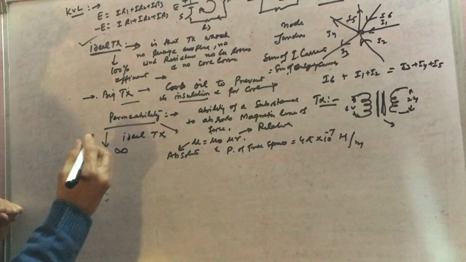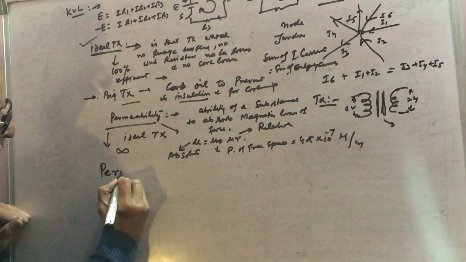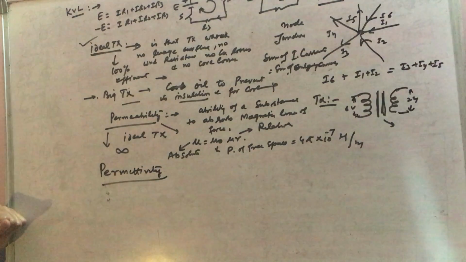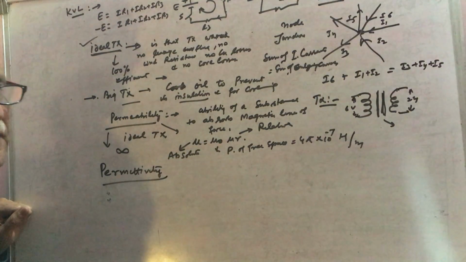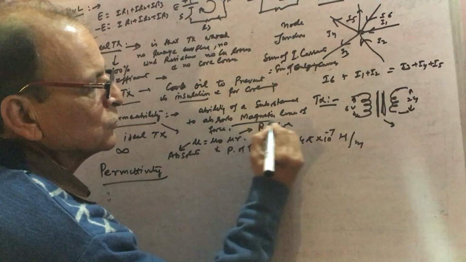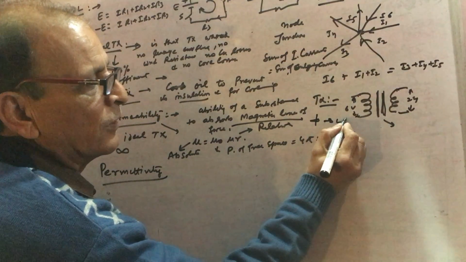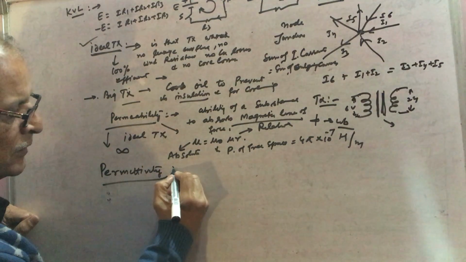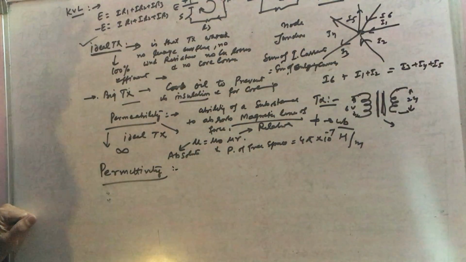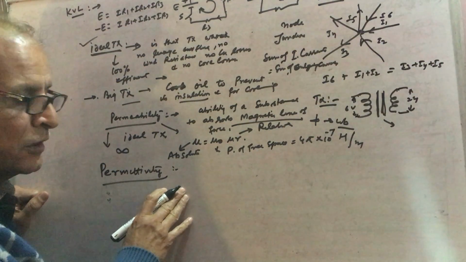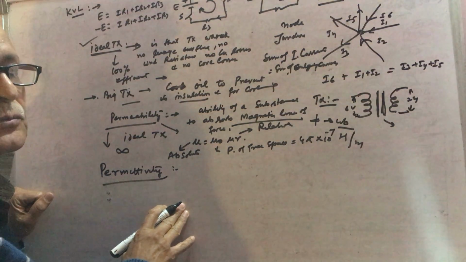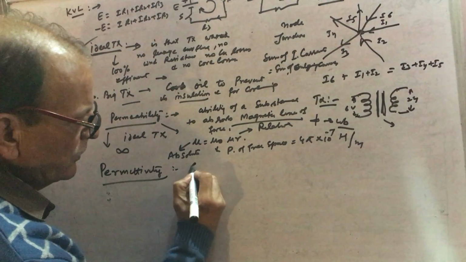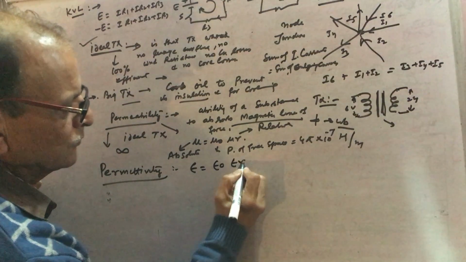Then in electrical circuits we have a word, permittivity, just opposite to permeability for the magnetic circuit, which deals with magnetic lines of force. So we write phi, its unit is magnetic flux, Weber. And permittivity is the ability of a substance to absorb electric lines of force, or a material in which electric lines of force can pass easily has a good permittivity.